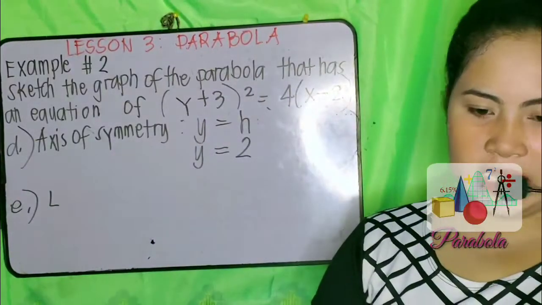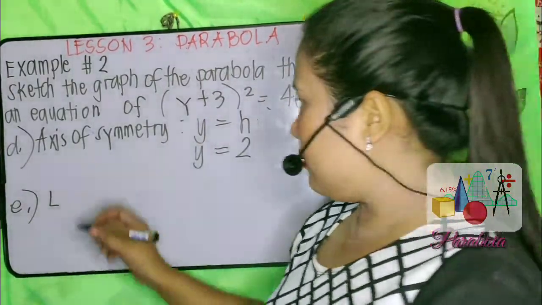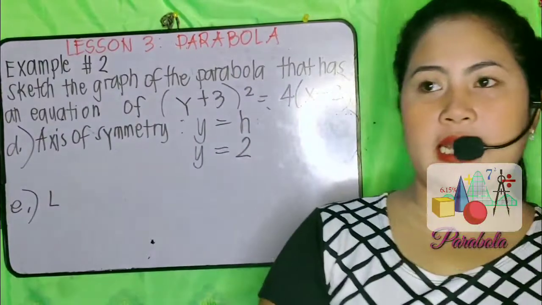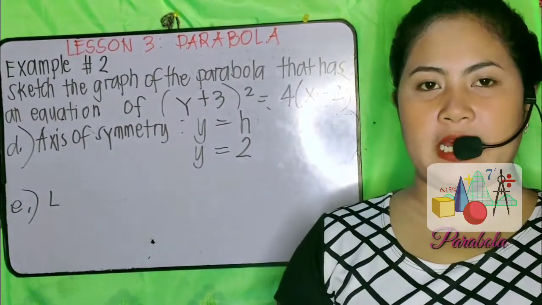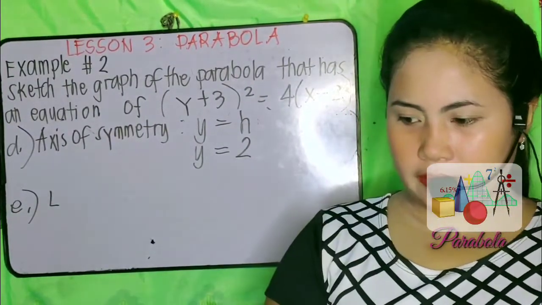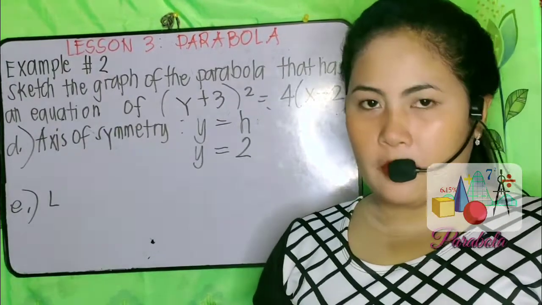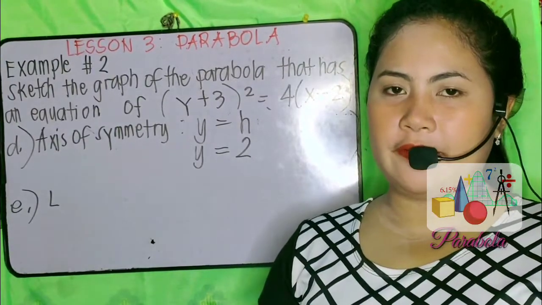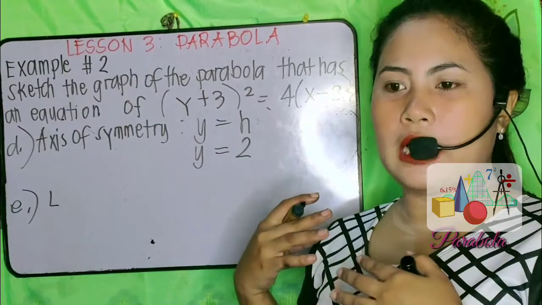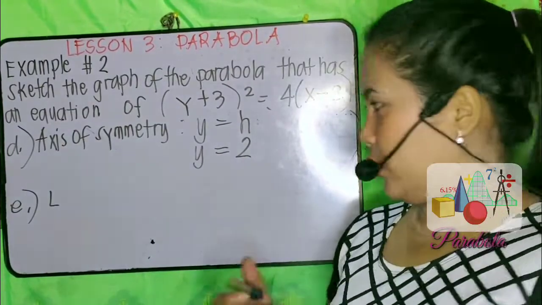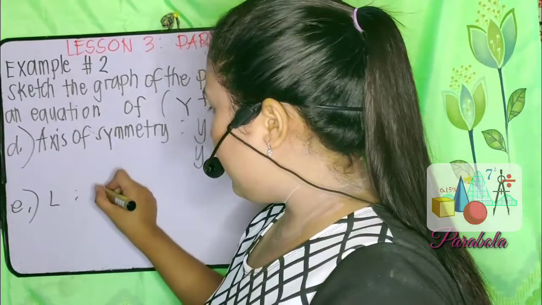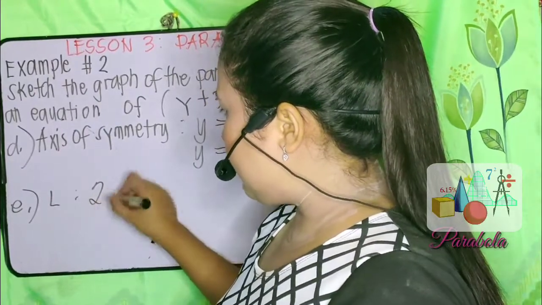Okay, the next is, let's find the latus rectum. For the latus rectum, since the parabola opens to the right, what we find is still positive. Okay? Because when it opens to the right, or opens upward, it is positive. When it opens to the left or opens downward, it is negative. So, therefore, for our latus rectum, we're going to still use 2a.